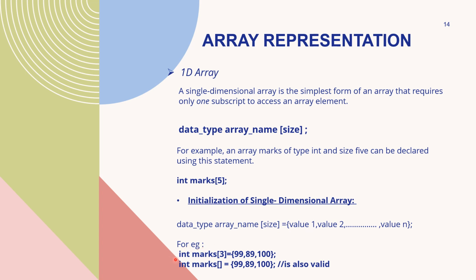So for example, we can see int marks, which has size 3, and assigns the values 99, 89 and 100. And actually this is also considered the same, means both are valid, because when we initialize the values of the array, we may or may not define a particular size, because the compiler automatically takes the size of the array by counting the values assigned to that particular array.